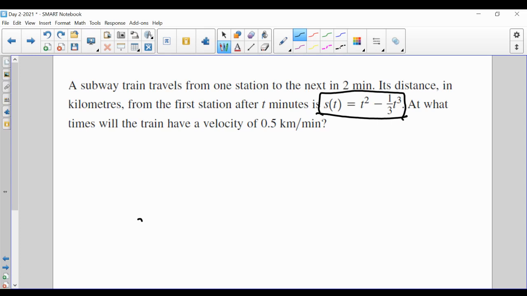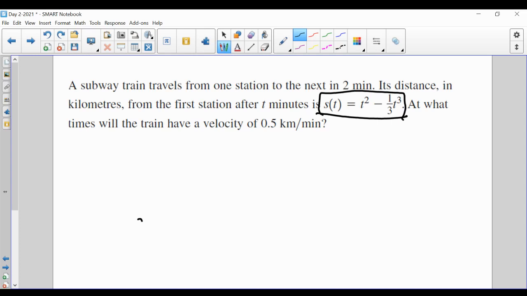So this is the distance from the first station. This is not a velocity equation. But we did say that if you take a distance equation and use the IROC at a particular point, that IROC represented the velocity.